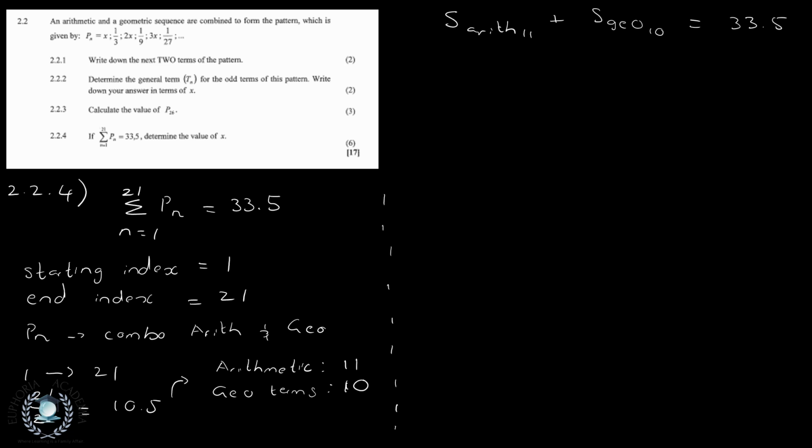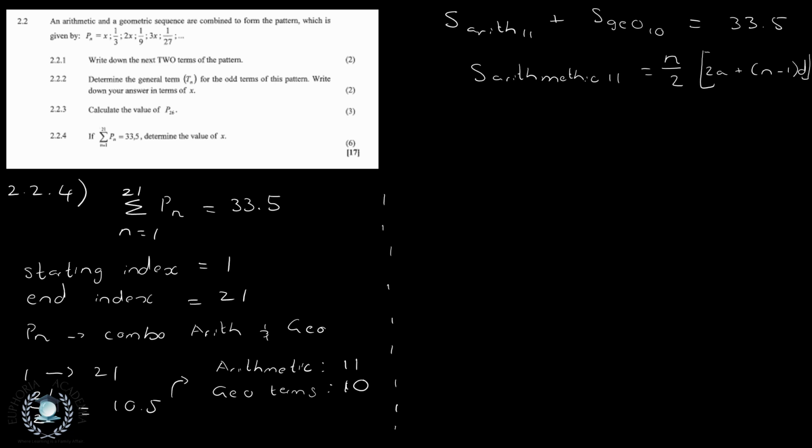So let us calculate the sum of the arithmetic terms. We have 11 of them, and the general formula for the sum of an arithmetic series is n over 2 multiplied by 2a plus n minus 1 multiplied by d.